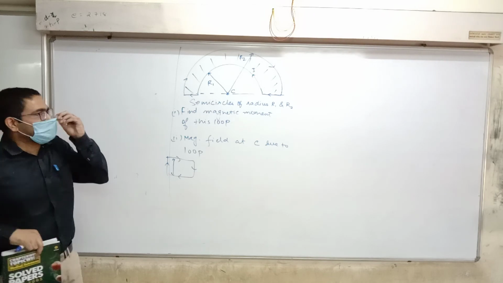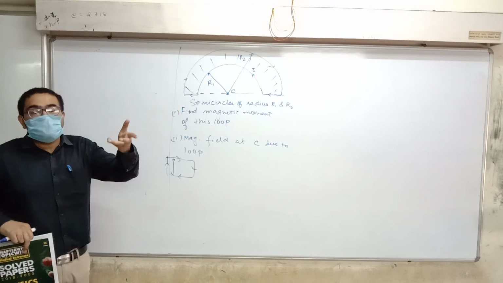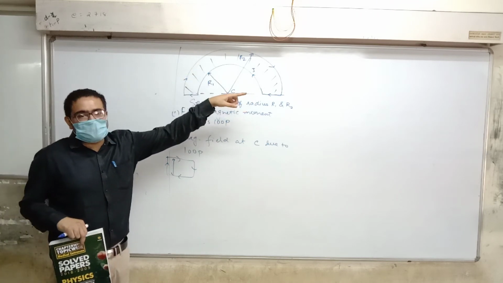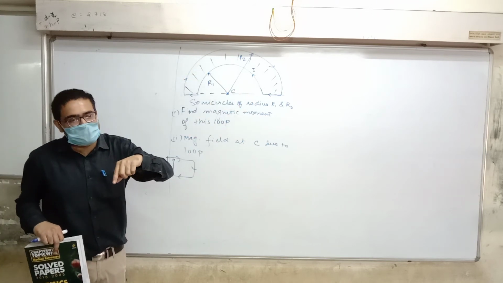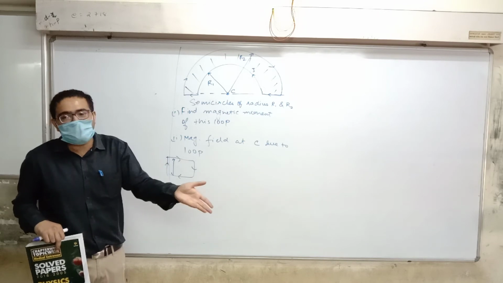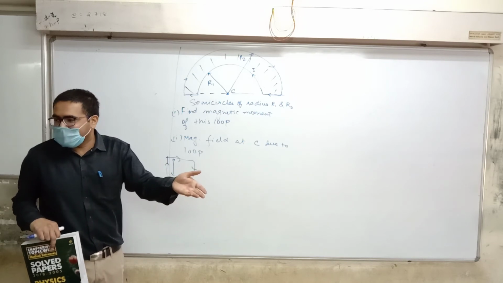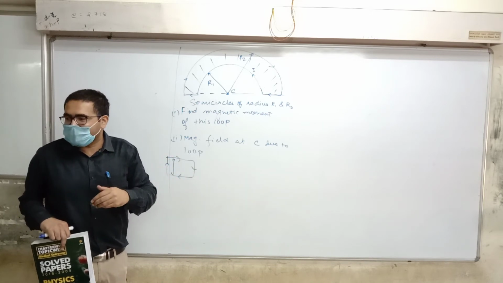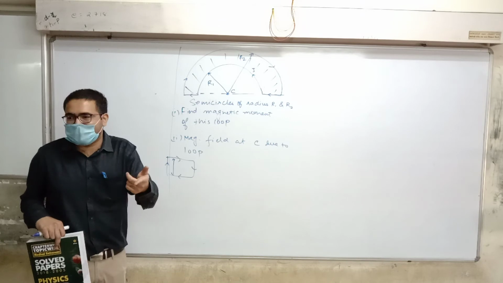What is the area of the larger semicircle? Area of the larger semicircle is pi r squared by 2. Smaller semicircle, pi r1 squared by 2. Subtract the two, into what? Into current. It's done, so how long does it take? I was right in expecting the answer immediately.